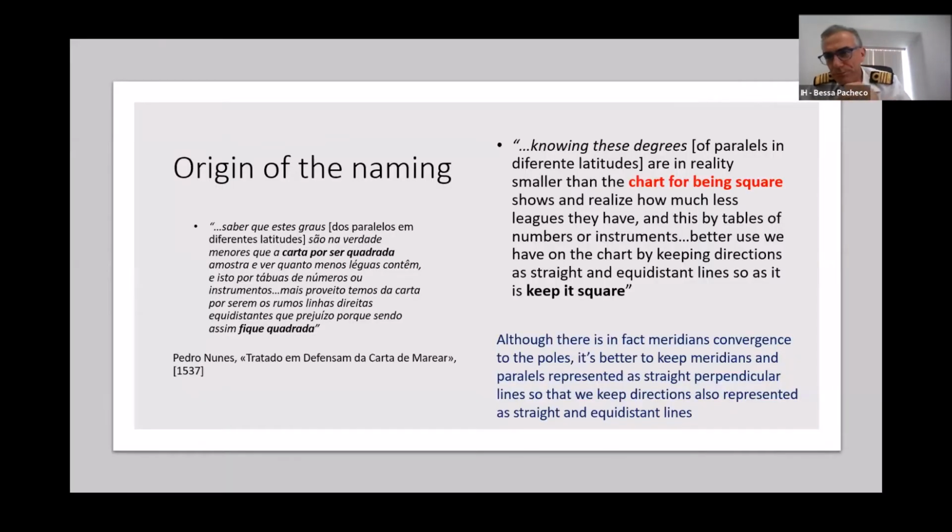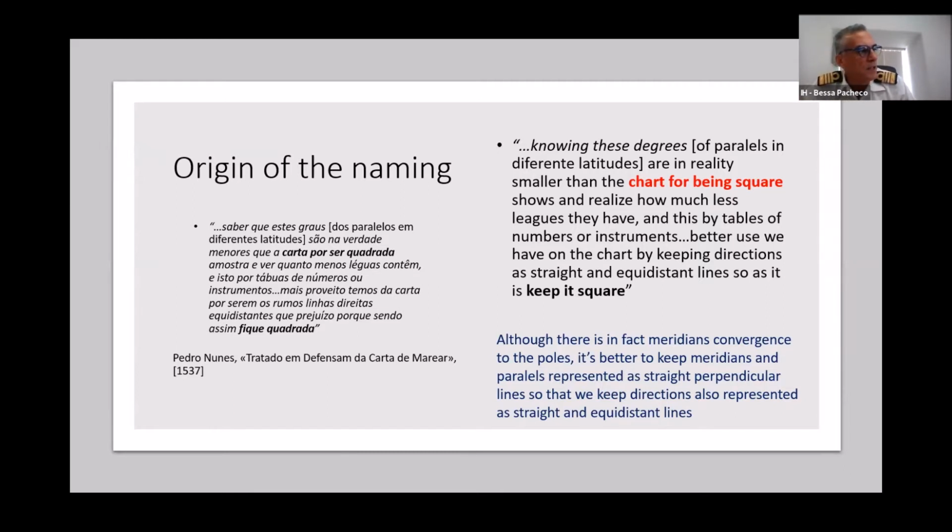Well, first of all, where did it get its name from? The name comes from the treatise of Pedro Nunes, defending the nautical chart and its characteristics, when pilots were complaining that with those kinds of charts, they would sometimes miss directions and not reach the right positions.